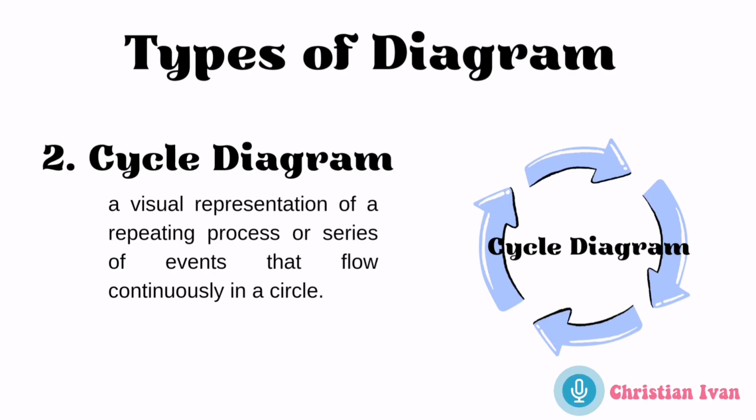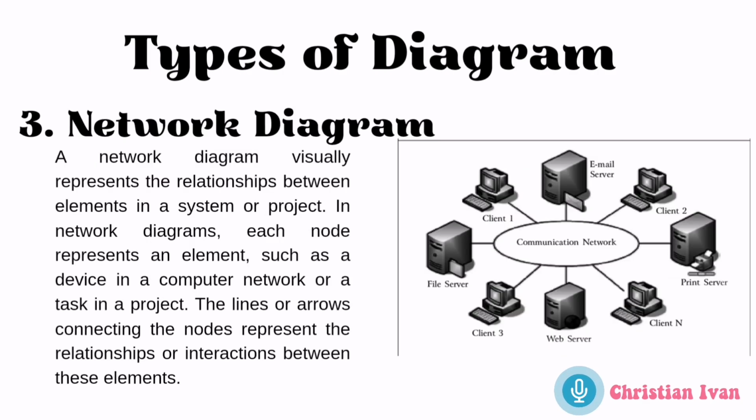Next is network diagram. A network diagram visually represents the relationship between elements in a system or a project. In a network diagram, each node represents an element such as a device in a computer network or a task in a project. The lines or arrows connecting the nodes represent the relationship or interaction between these elements.